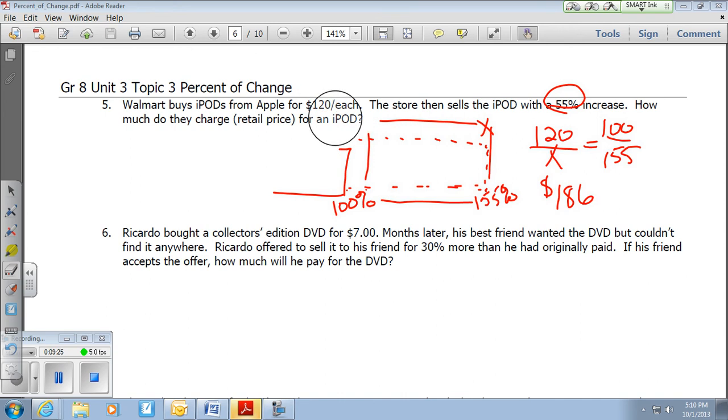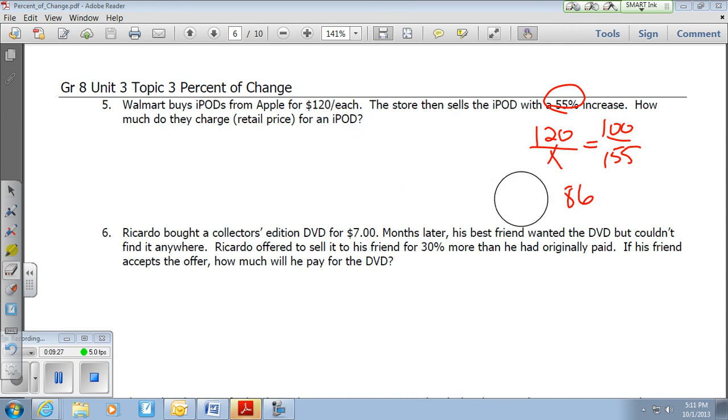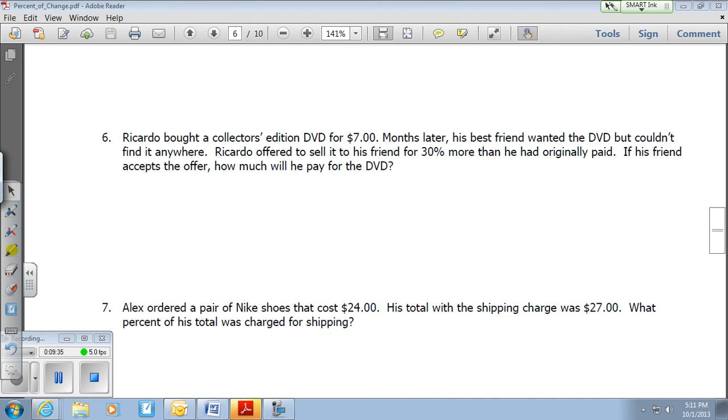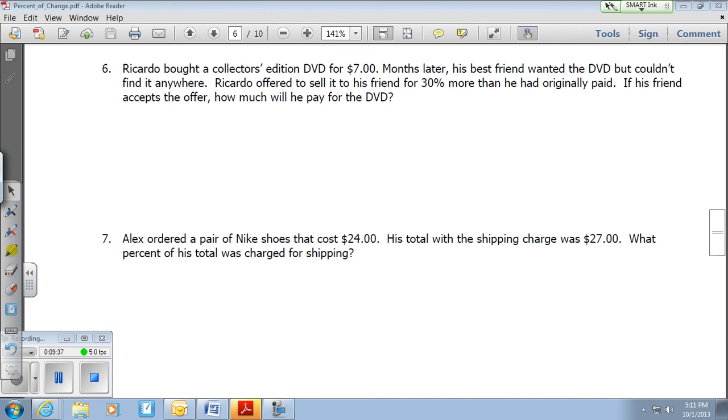All right, let's look at number 6. Ricardo bought a collector's edition DVD for $7. Months later, his best friend wanted the DVD but couldn't find it anywhere. So Ricardo offered to sell it to his friend for 30% more than he had originally paid. So he's doing a markup to make some money.